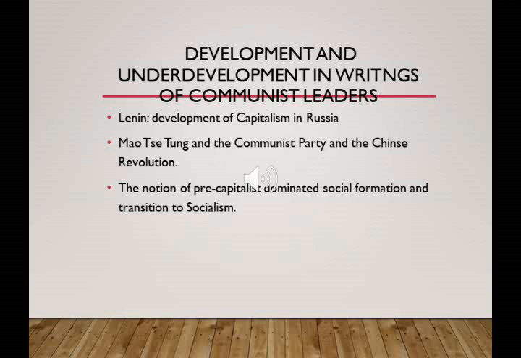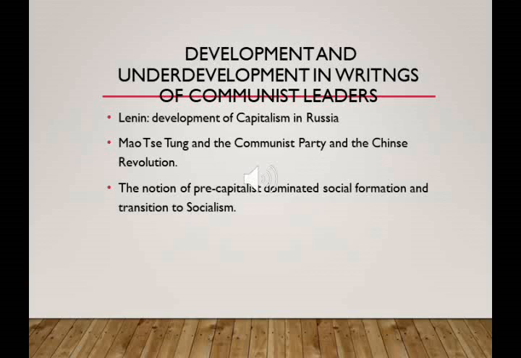There was the beginning of capitalism in Russia, next to remains of a feudal mode of production, remains even of a primitive communist mode of production, and also the presence of a small producers mode of production.